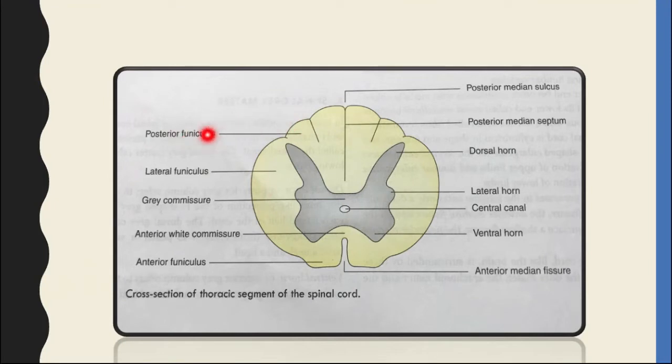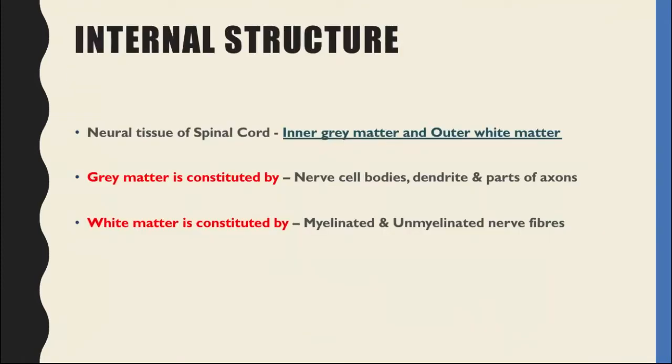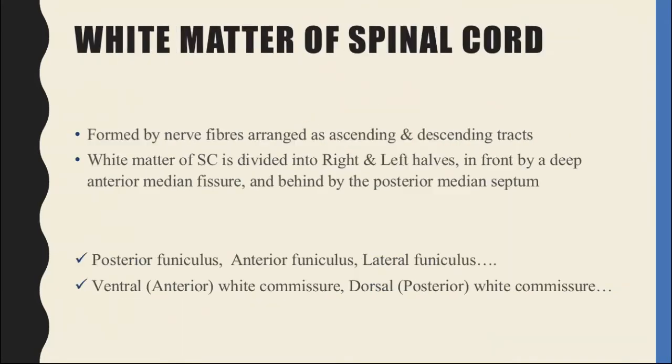These funiculus are nothing but tracks, or collections of nerve fibers, which carry the sensation from the periphery to the central nervous system, or which bring impulses from the central nervous system to the effector organs.